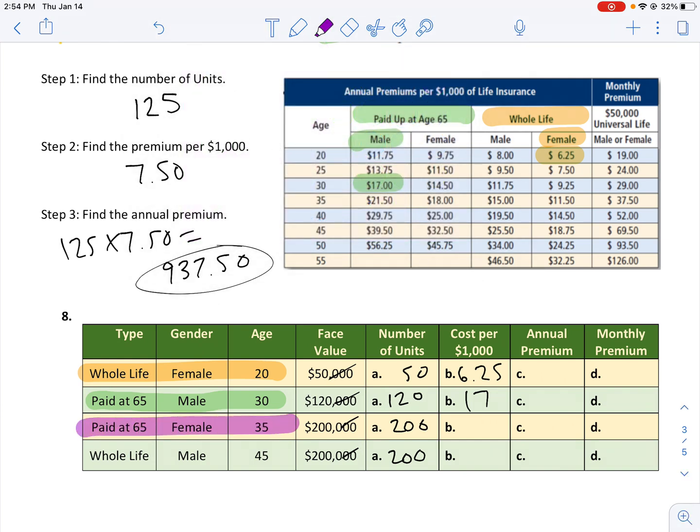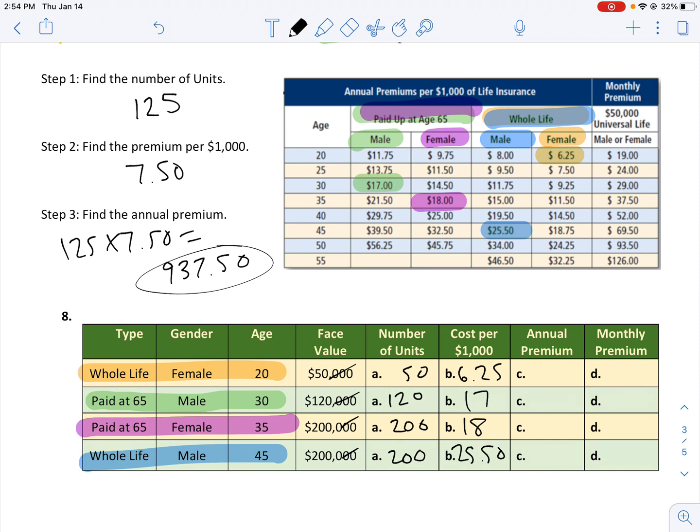Paid at 65, female, 35, 18. And whole life, male, 45. 25, 50. All right, multiply the two.